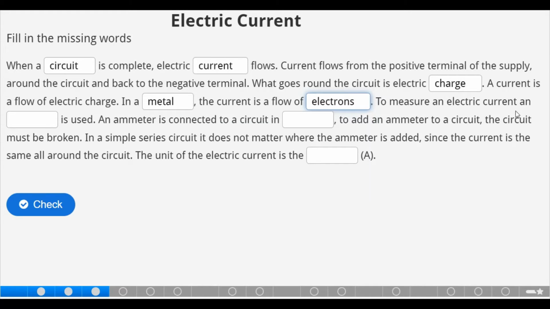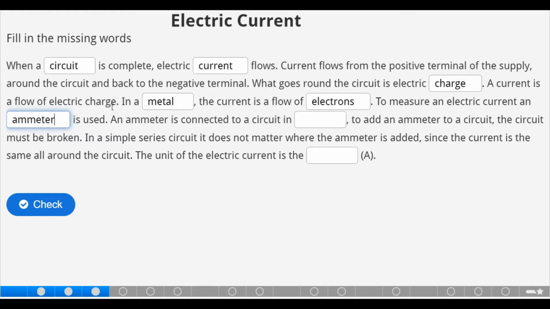To measure an electric current, an ammeter, like this, is used. An ammeter is connected to a circuit in series. To add an ammeter to a circuit, the circuit must be broken.